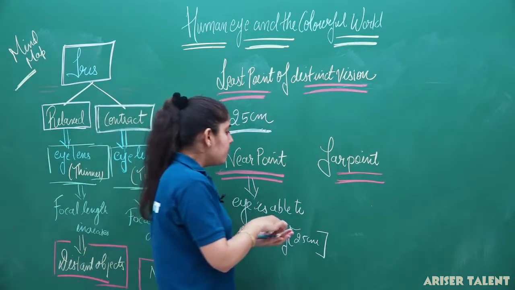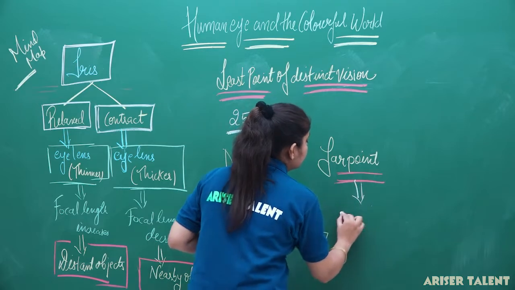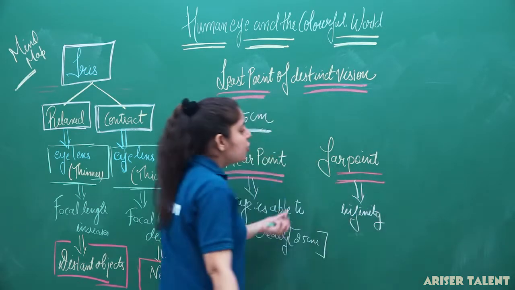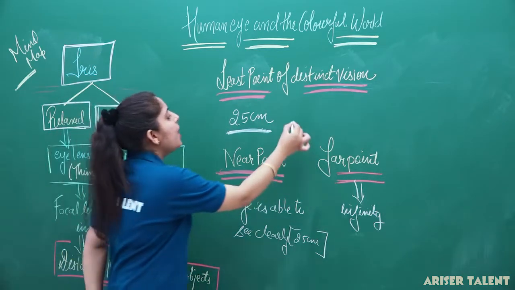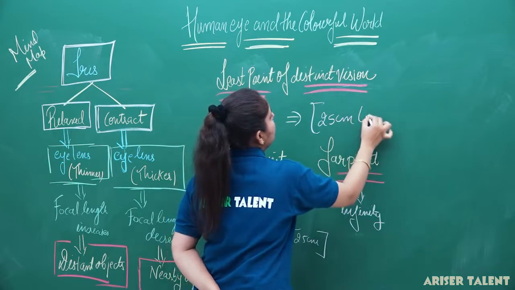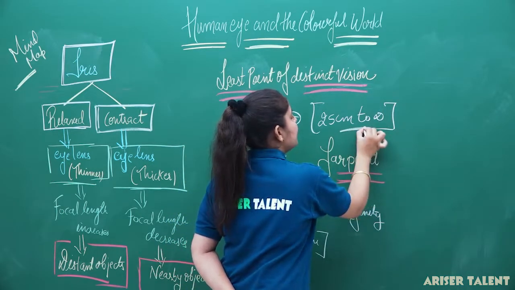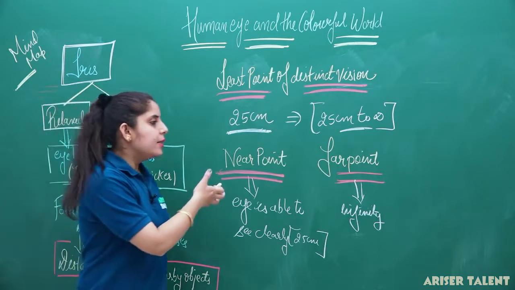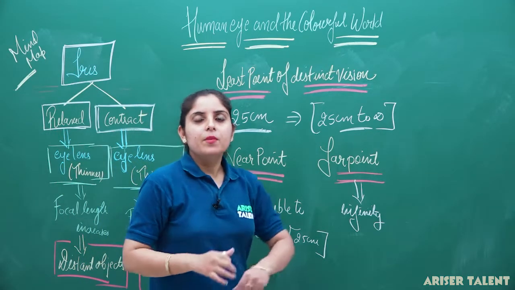So the far point of the eye will be infinity. The range of vision for the human eye lies between 25 centimeters and infinity. So this is the range of distinct vision for the human eye, one for the near point and one for the far point.